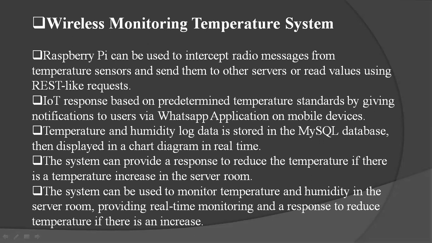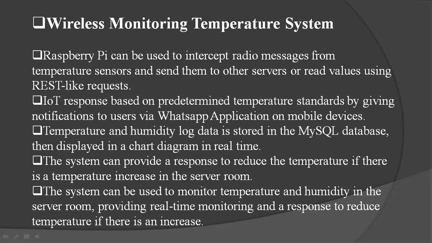The temperature and humidity log data is stored in the MySQL database, then displayed in a chart diagram in real time. The system can provide a response to reduce the temperature if there is a temperature increase in the server room. The system can be used to monitor temperature and humidity in the server room, providing real-time monitoring and a response to reduce temperature if there is an increase.